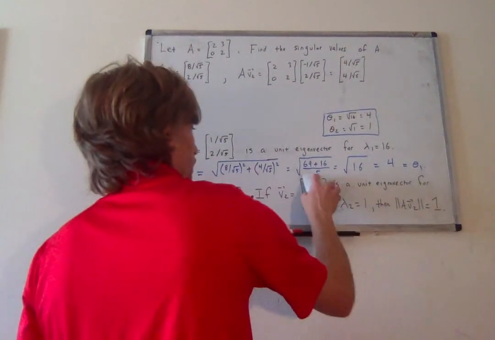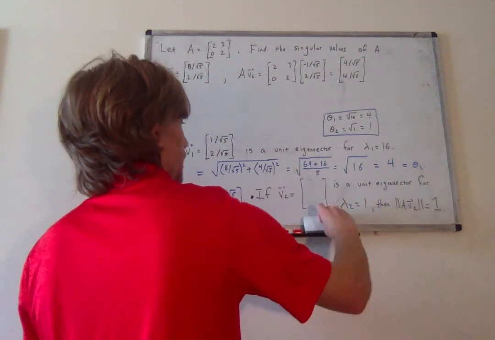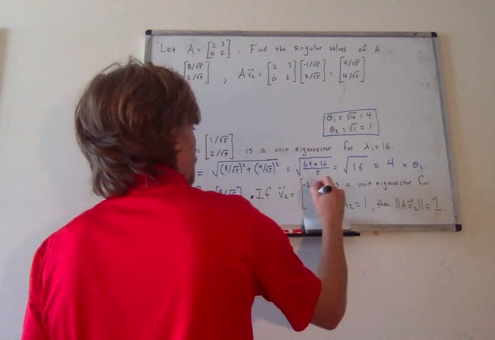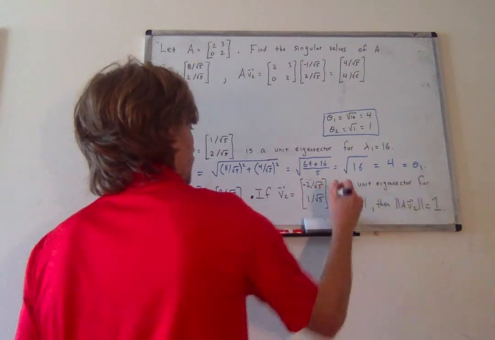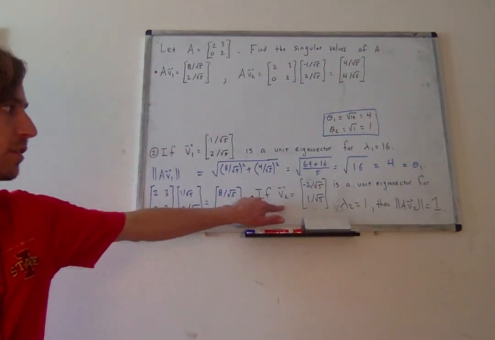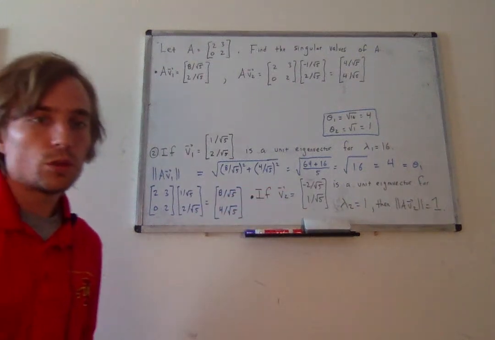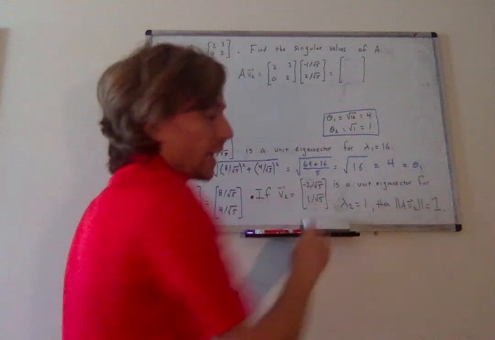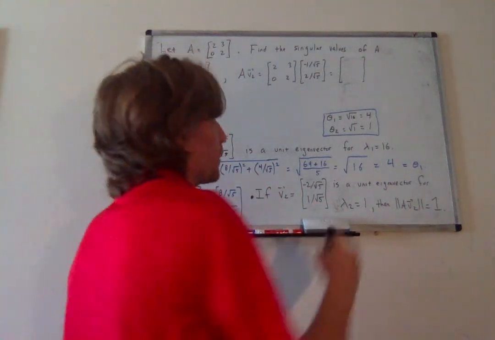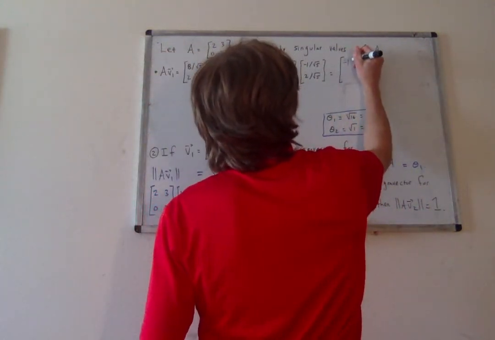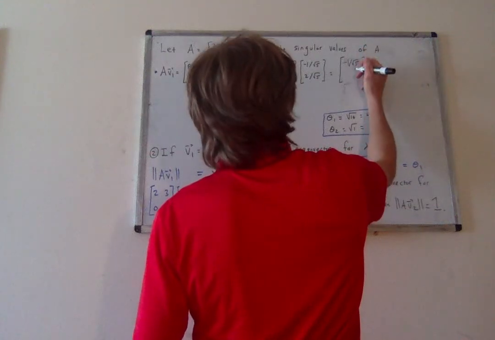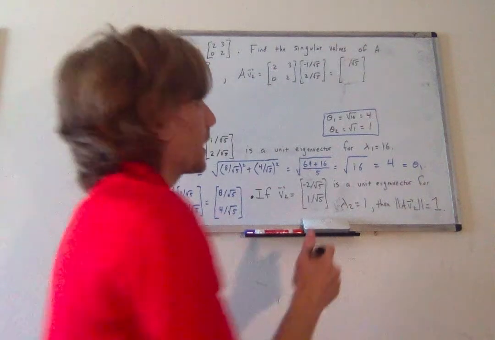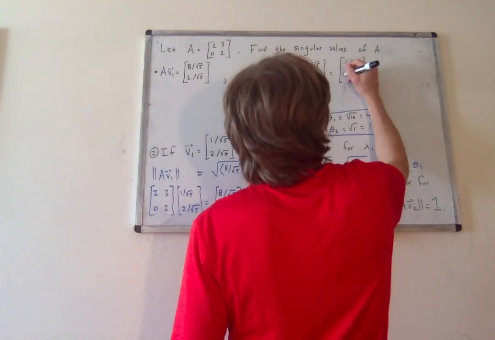Sorry. V2 should be equal to negative 2 over root 5, 1 over root 5. So V2, this is the correct eigenvector for lambda 2 equals 1. The original vector I'd written down was actually A times V2, negative 1 over root 5, 2 over root 5.